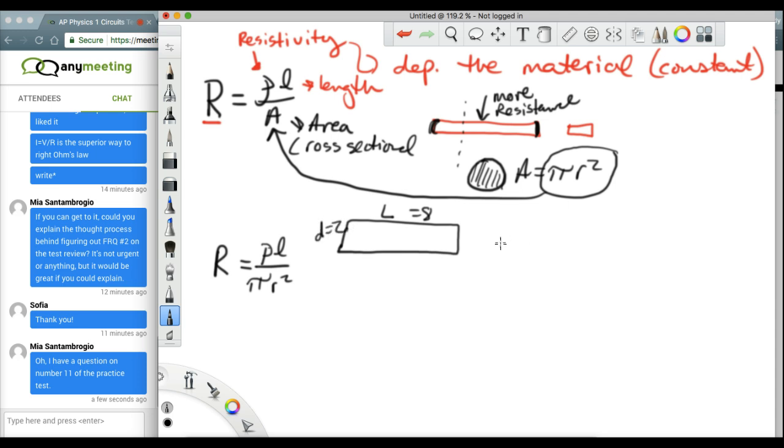The next one was short and thin: length equal to 4, diameter equal to 1. The next one was long and skinny: length equal to 8, diameter equal to 1. And the last one was short and wide: length equal to 4, diameter equal to 2.